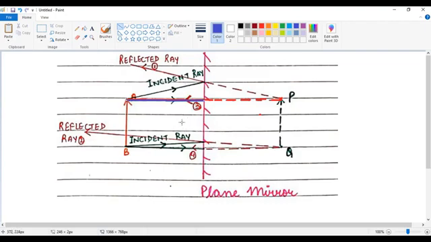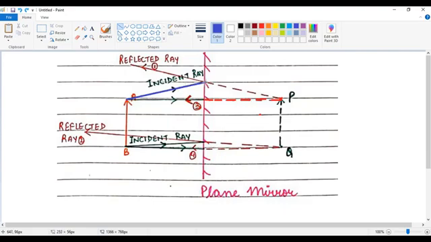So the reflected light is shown by light number 3 in figure number 1. But this reflected light appears to be coming from behind the mirror from point P.